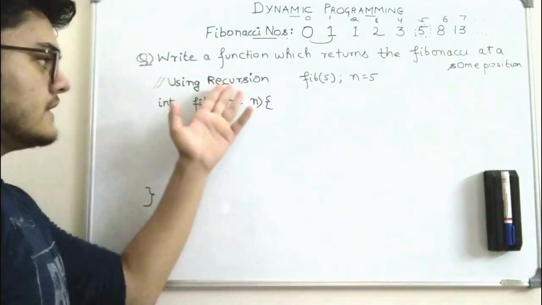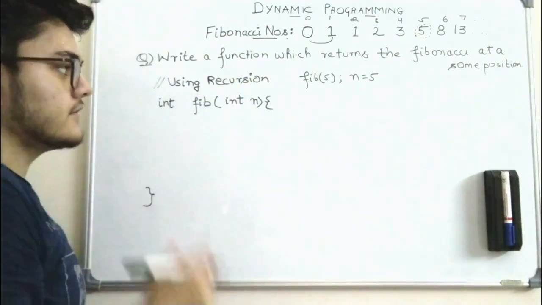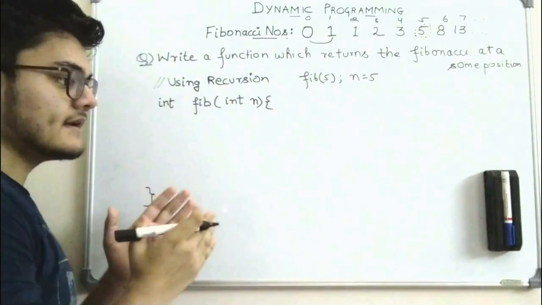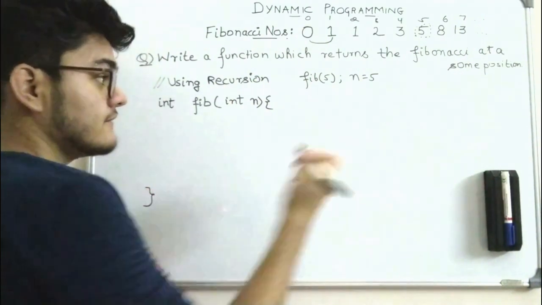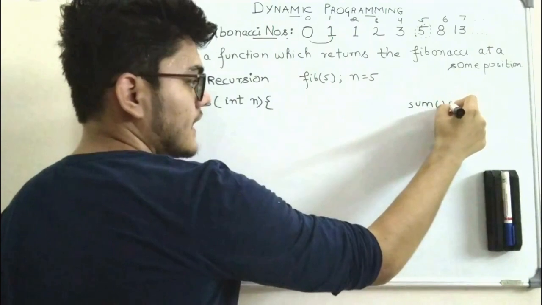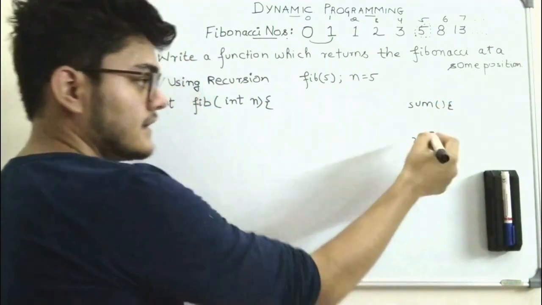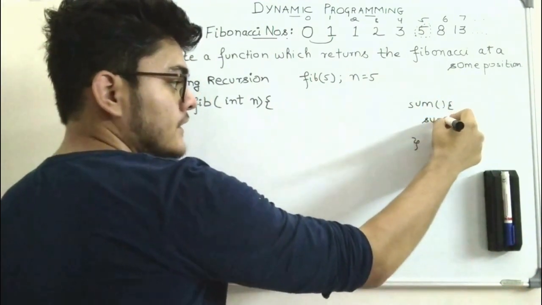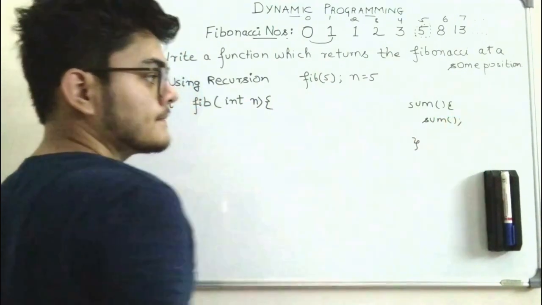Alright, so let's discuss something about recursion. If you don't know, recursion is basically a function calling itself. Let's suppose I write a function like this, and in its body, I again make a function call to the same function sum.